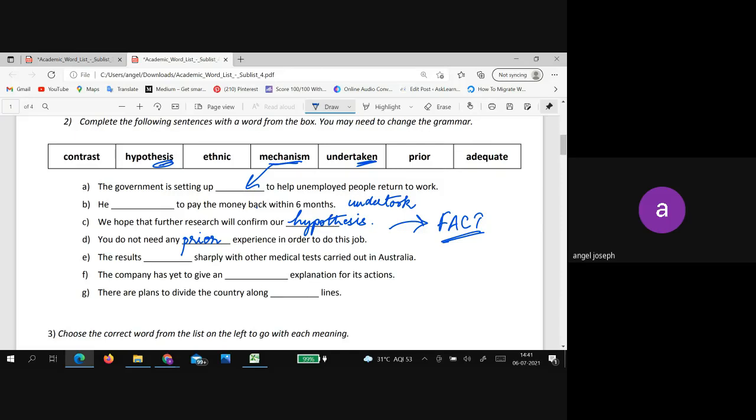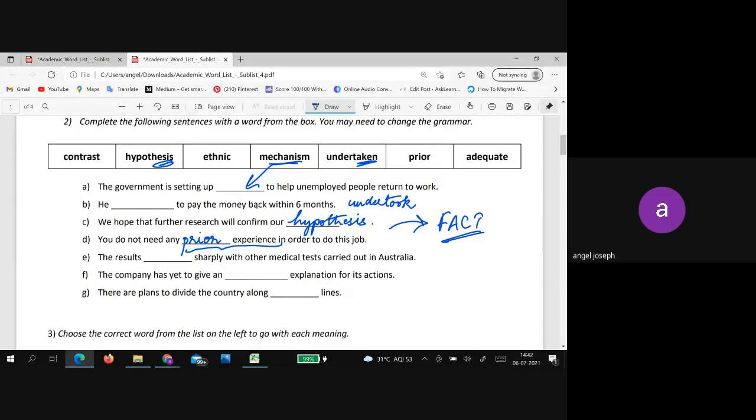So you can use prior experience together. It's another combination you have learned. In some sentence forms you have to use the preposition to after prior. Prior experience is our vocabulary.